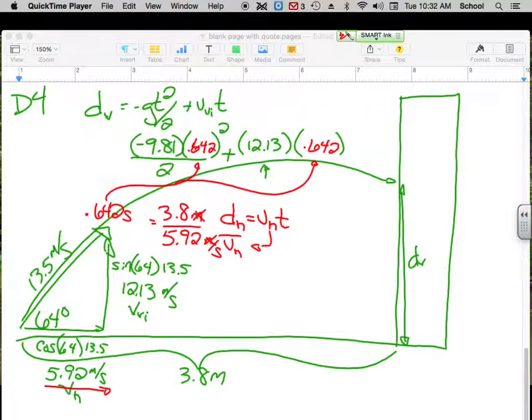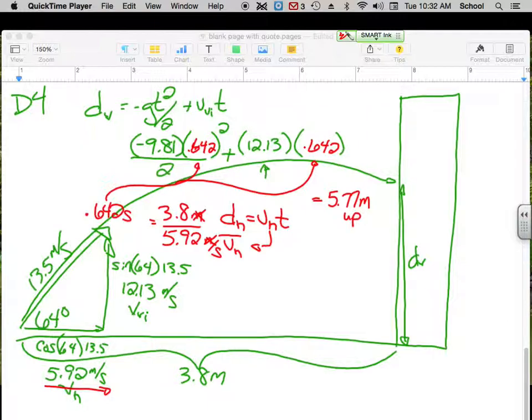So now we should be able to figure out that first part. Absolutely fantastic. And when I did that, I found 5.77 up.